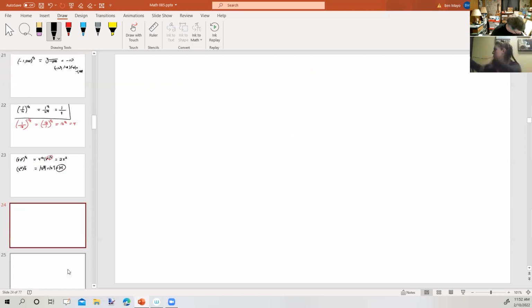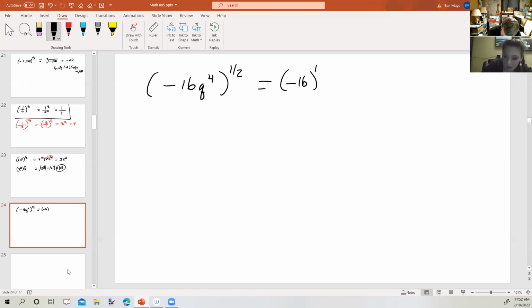Okay. How about this one? -16q to the 4th power, all raised to the 1/2 power. So again, we have a product raised to a power. So we're going to attach the outside exponent to each factor inside.